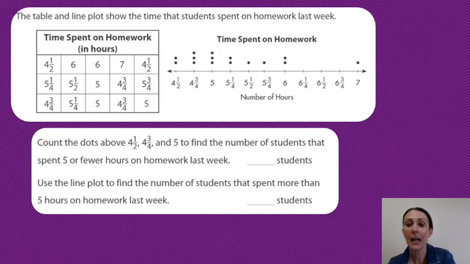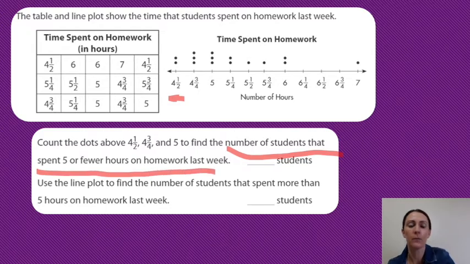The question is telling you, count the dots above 4 1/2. So here's 4 1/2, 4 3/4, and 5, to find the number of students that spent 5 or fewer hours on their homework last night.